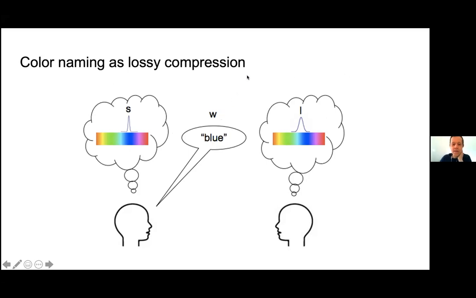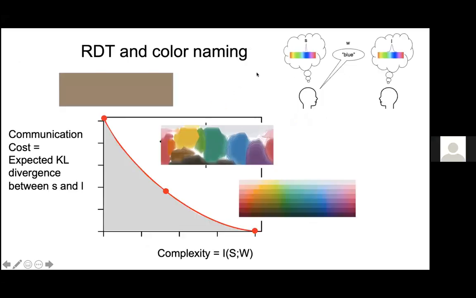Okay, so with this communicative scenario in mind, we can start to think about formalizing the two dimensions in the plot that I showed you before. So the dimension here on the y-axis, we're going to call communication cost and formulate it in terms of the discrepancy or the distance between the speaker's distribution here and the listener's distribution.